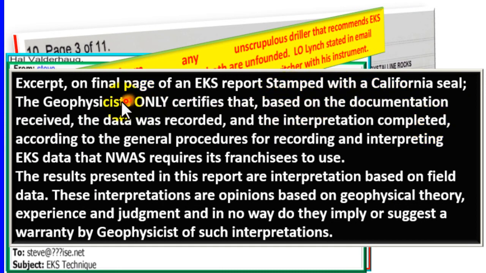The documentation was received and was recorded and the interpretation completed according to the general procedures for recording and interpreting EKS data that NWAS, Northwest Aquifer System, requires its franchisees to use.